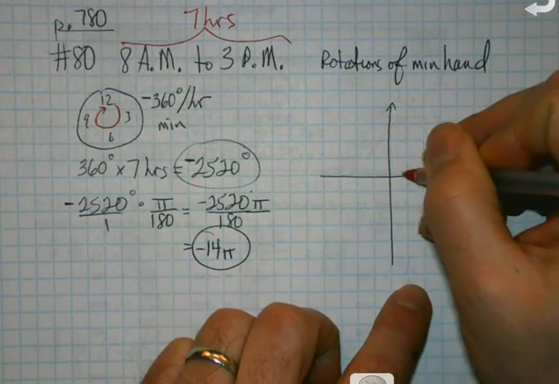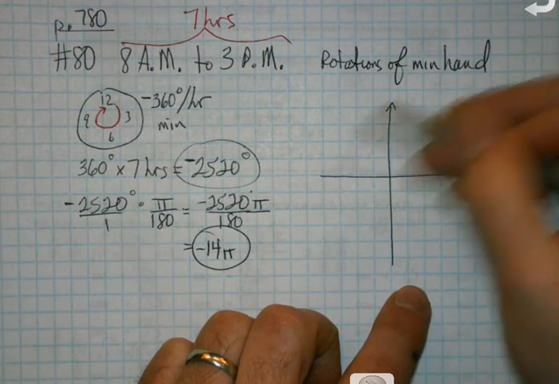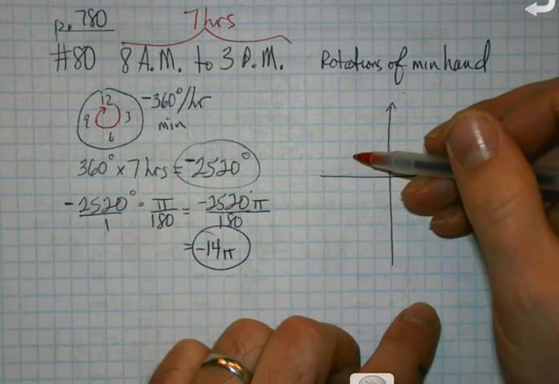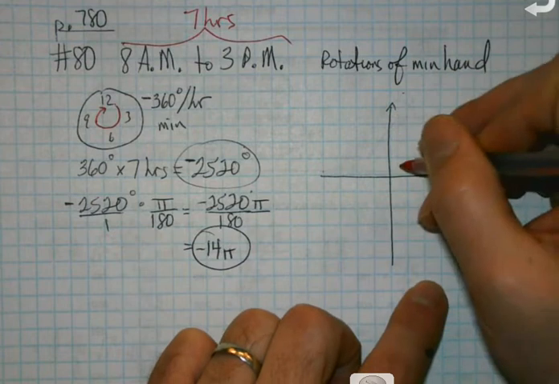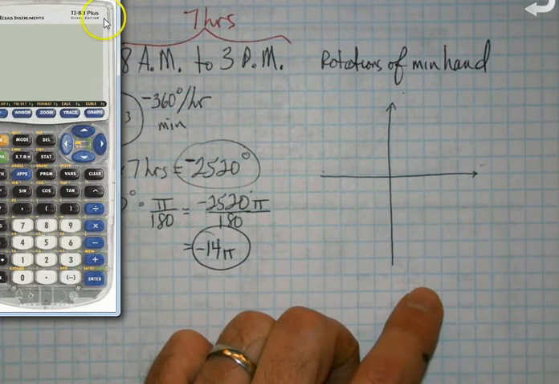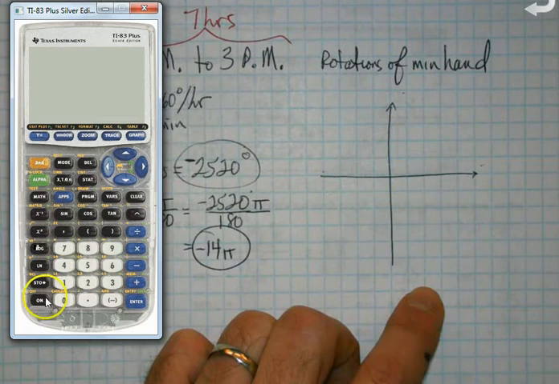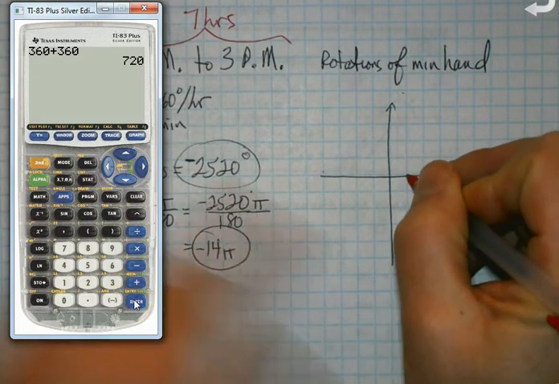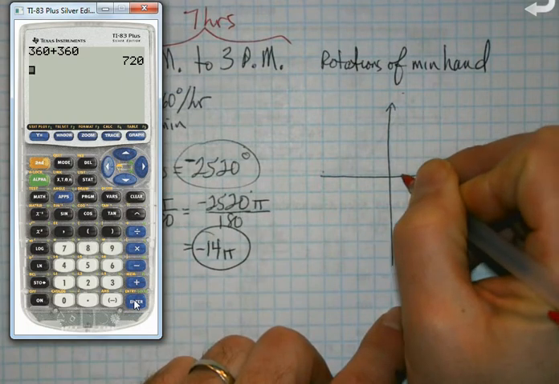Now I am not going to write every degree measure along the outside of here. That would take forever. So I've just got to keep counting by 360s here. And if I need help, I'll give myself help if I need it. My crutch is ready and available. Okay, so if I start going with my clockwise rotation, so here we go.